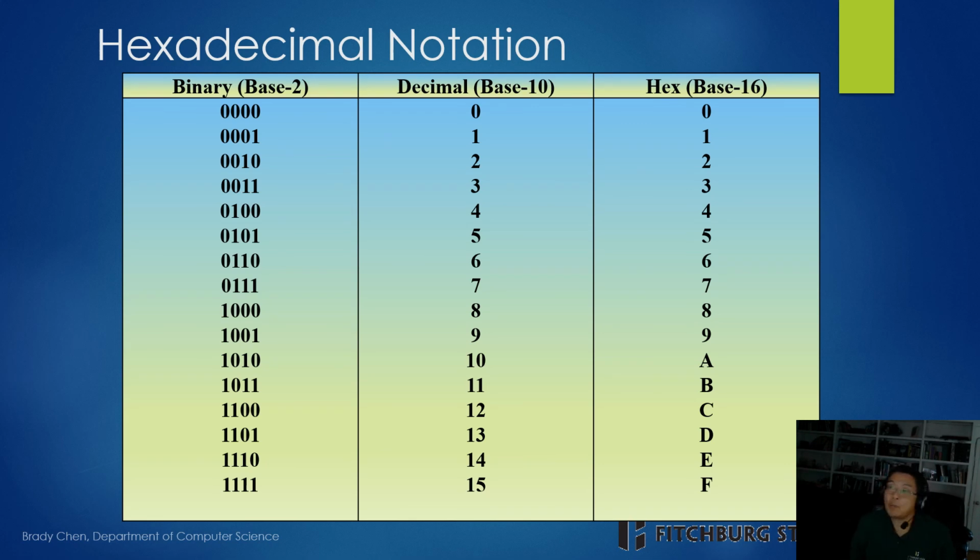Now this table provides the mapping between these three numeral systems. The right side is the hexadecimal.